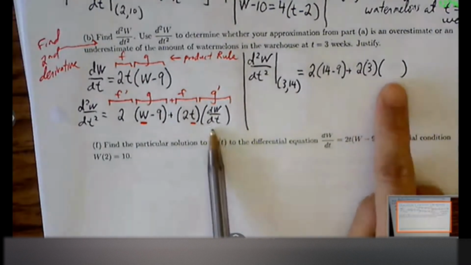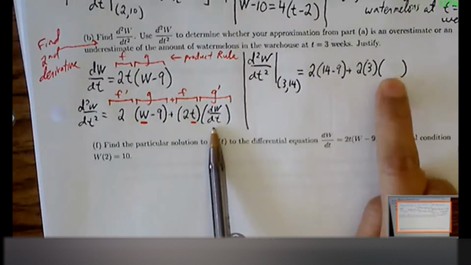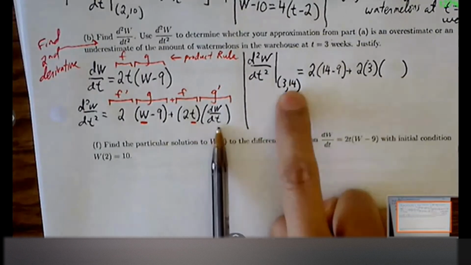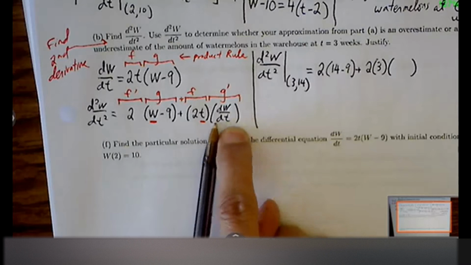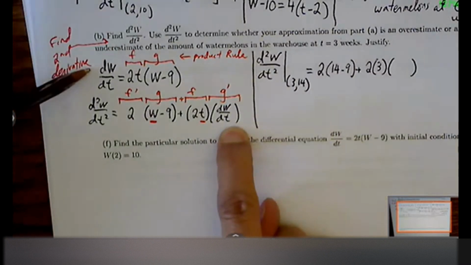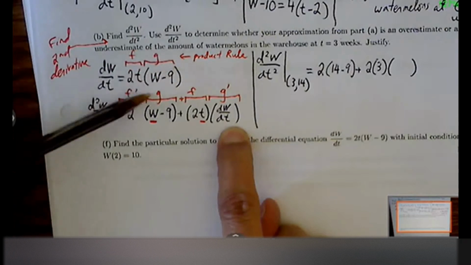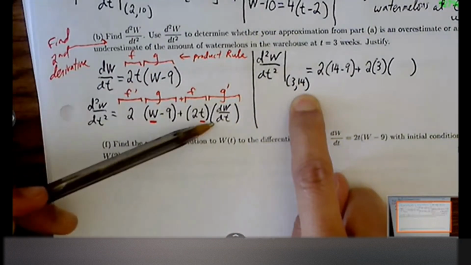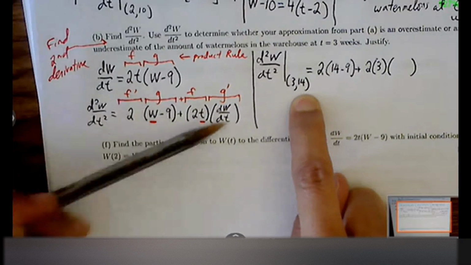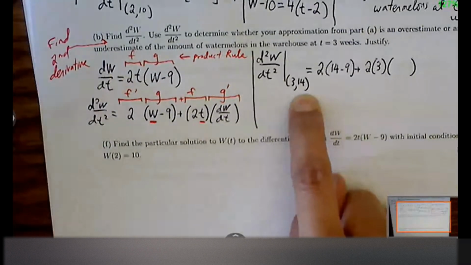All right, so we're down to dw dt. We need to have a number for this. Right now, we don't really see a variable that we can enter in, but we know dw dt came from this starting point. And if dw dt is 2t times w minus 9, now all of a sudden we have something that we can insert and find a numeric value for. So we're just kind of going back and searching for something that we can actually plug in.